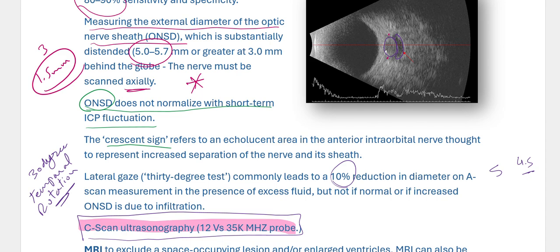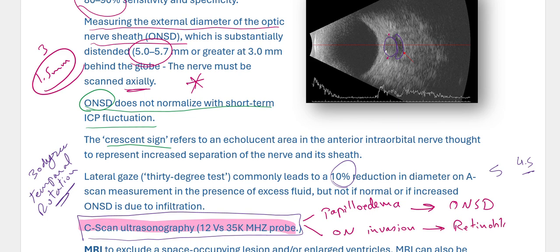So this is very specific, and it has implications in papilledema, to measure the optic nerve sheath diameter, and again it would be 5 to 5.7, and has other implications in optic nerve invasion with tumors, especially retinoblastoma.